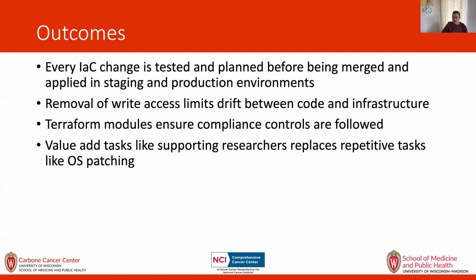I thought that this was going to be a real hassle not to have write access to these environments, but once you get used to using pipelines, it becomes a lot nicer to develop your code that way instead of having all of these extra permissions.